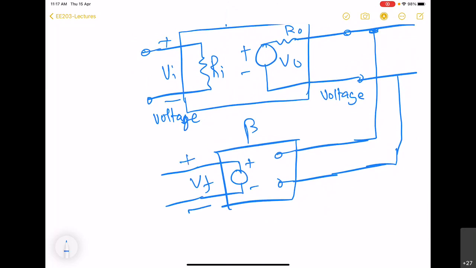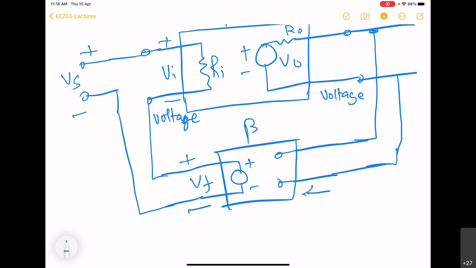So the connection has to be in series. And this is where the external voltage source will be connected to the overall amplifier. So this Ri of the beta network is infinite, and R out of the beta network is 0.